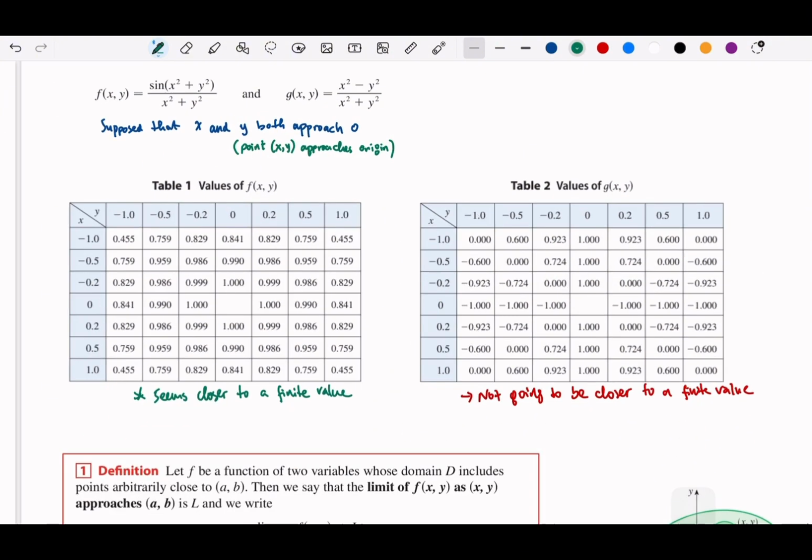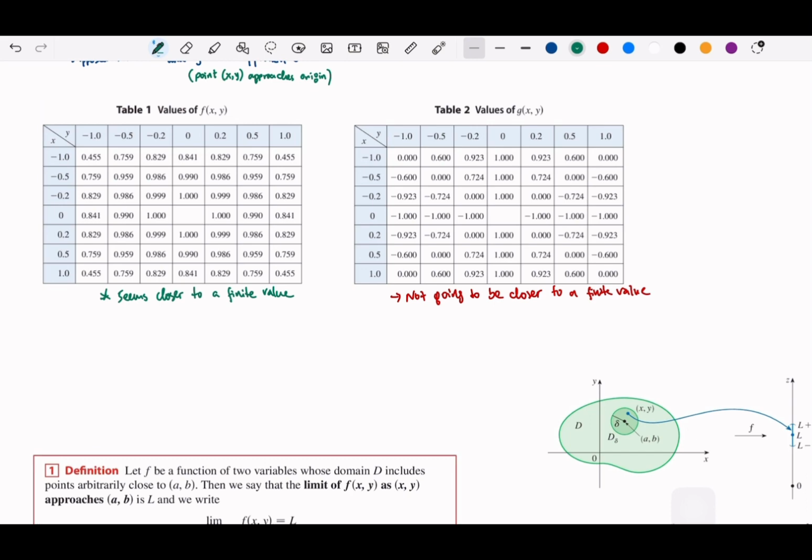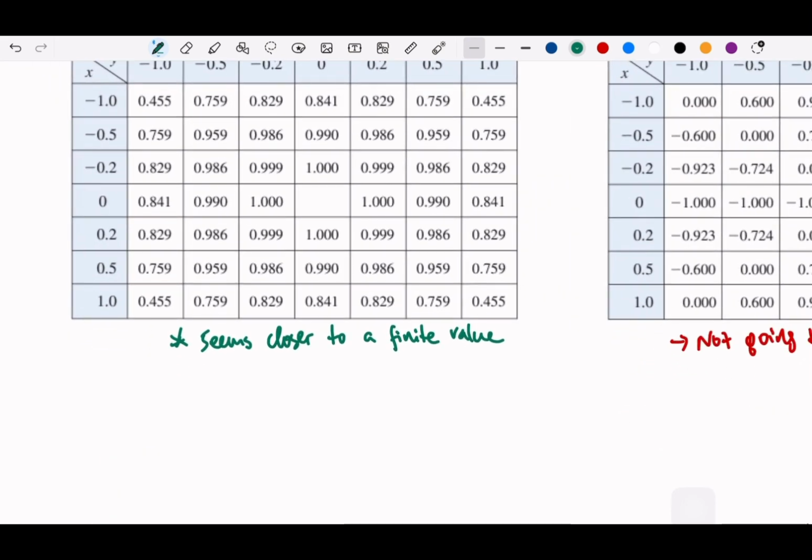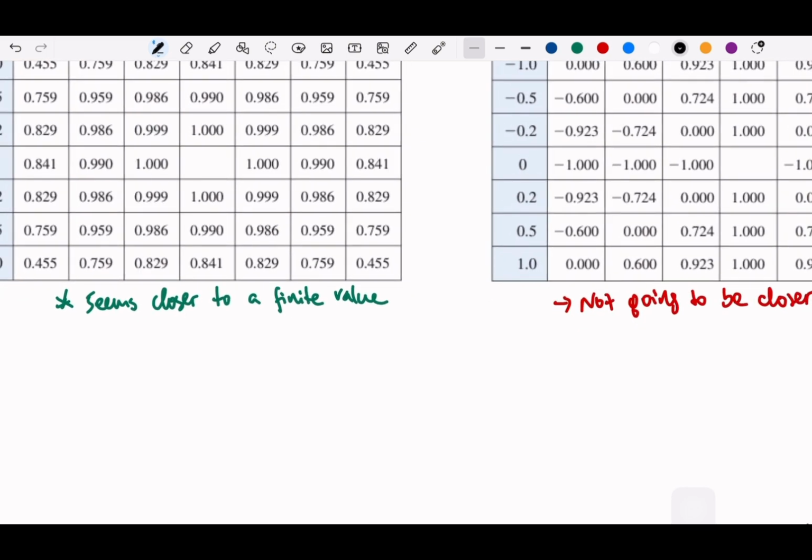And suppose that we write this in terms of a limit. Okay. And let me just write this first to make the definitions for the next part. Okay. So let me write the limit as x, y approaches 0, 0, sine of x squared plus y squared over x squared plus y squared.